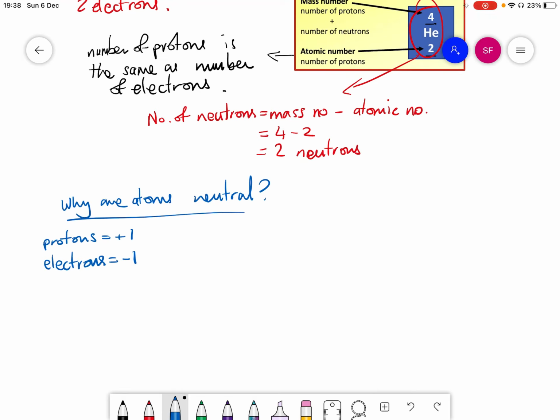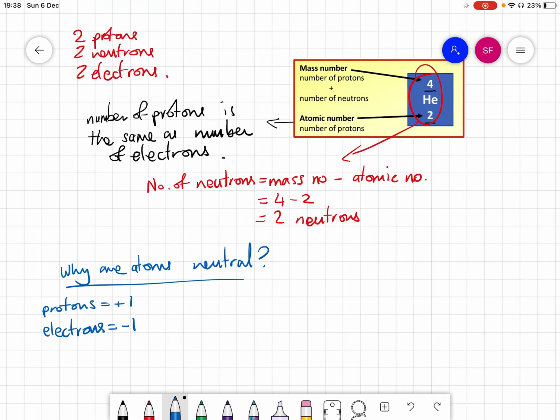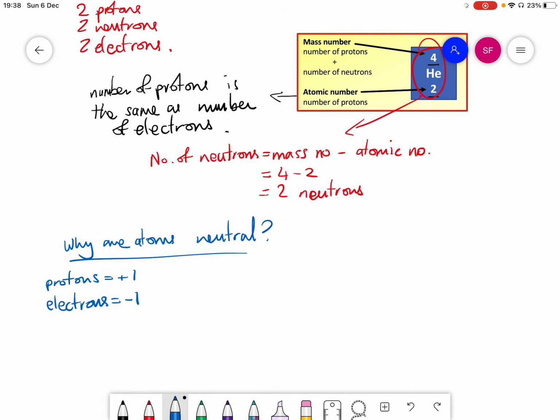So they don't contribute to this property of our atom. So if we use our helium as our example, in helium, we have 2 positive protons and 2 negative electrons. So overall, our atom would be neutral. And it's neutral because each of our positives is cancelled out by a negative.